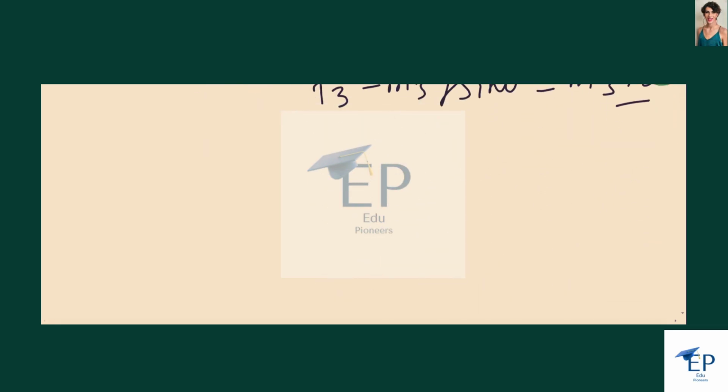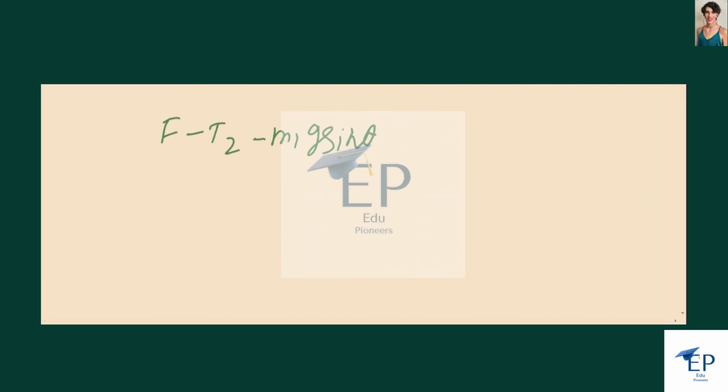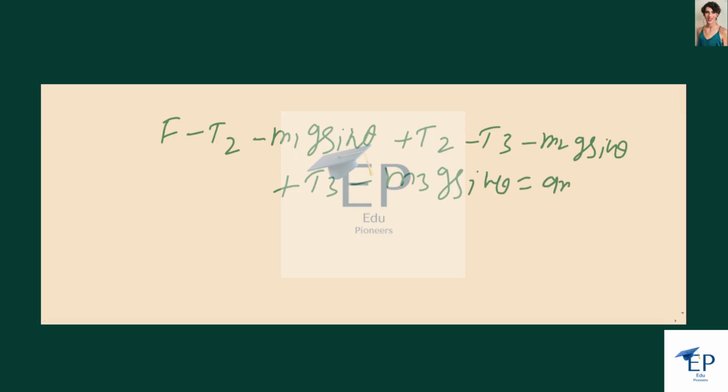When we add all of these, this basically comes out to be F minus T2 minus M1 g sin theta, plus T2 minus T3 minus M2 g sin theta, plus T3 minus M3 g sin theta, which equals AX into sigma M, which is M1 plus M2 plus M3.